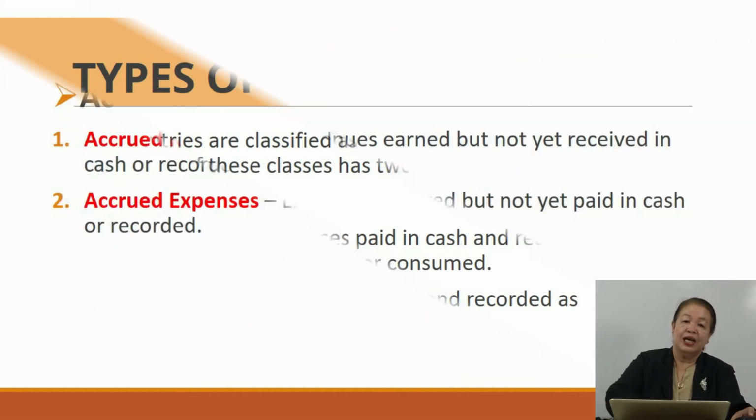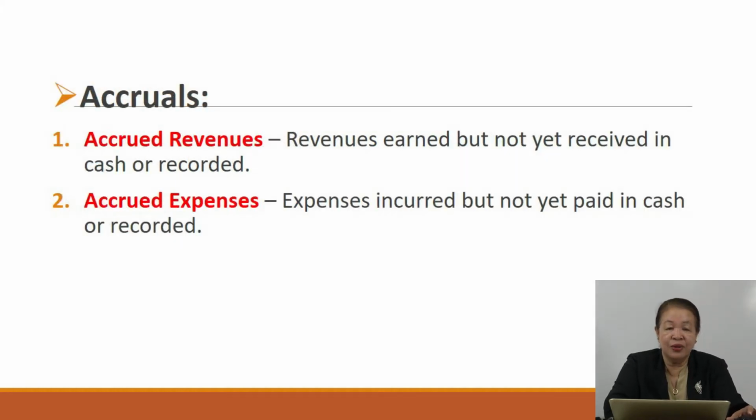And then we have the accruals. Ano naman itong accruals? Accrued revenues and accrued expenses. Ito yung accrued revenues na earned na pero hindi mo pa natanggap. Yan ang opposite naman nung deferrals. Kasi yung deferrals, natanggap mo na pero hindi mo pa na-earn. Ang accrual naman, na-earn mo na pero hindi mo pa natanggap. Ganon din yung accrued expenses, yung expenses na incurred na pero hindi pa bayad. In short, itong accruals, ito talaga yung utang.